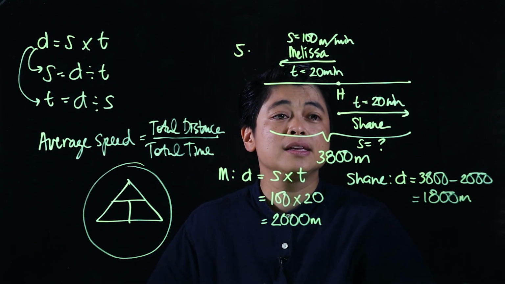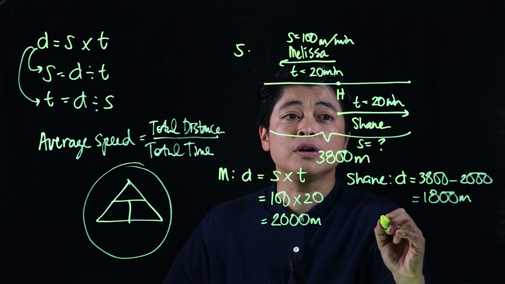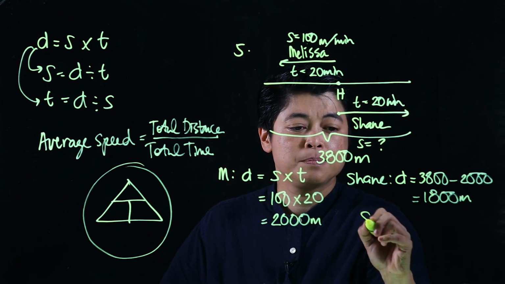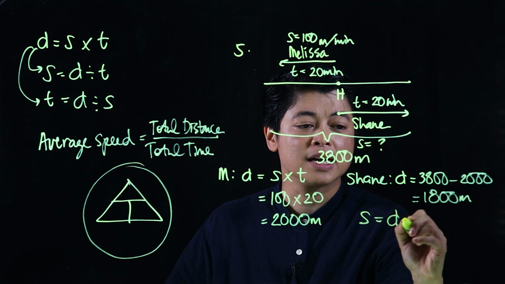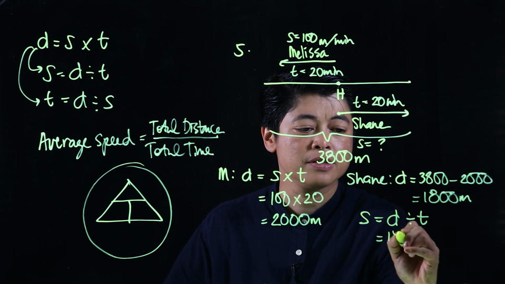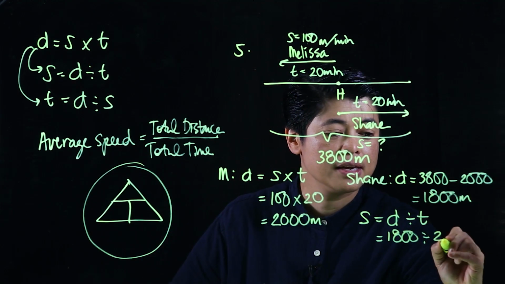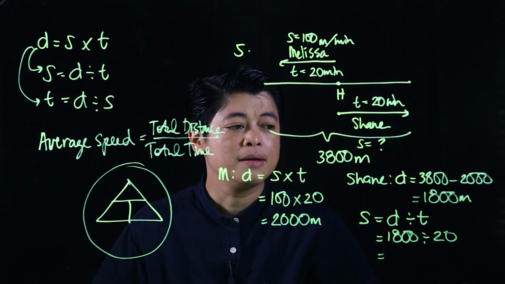We are given the time, which means if we want to look for the speed, the formula is distance divided by time. The distance we just found is 1,800. The time is the same, 20 minutes.